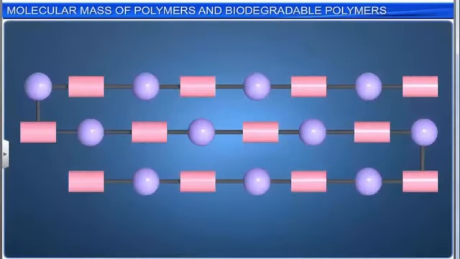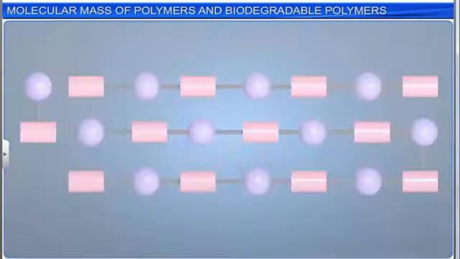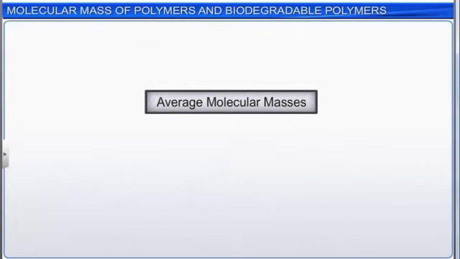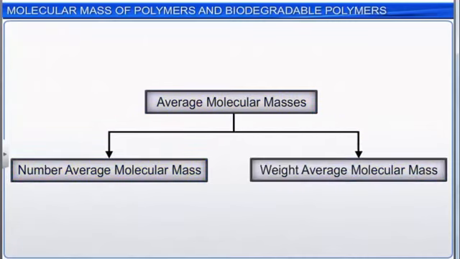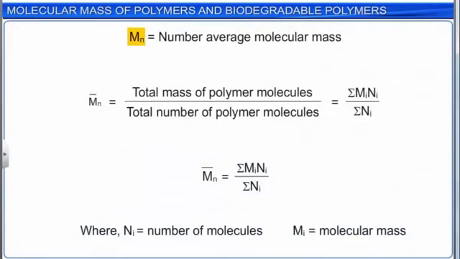So, when we discuss molecular masses of polymers, it's most appropriate to discuss average molecular masses. We can calculate the average molecular mass in two ways: number average molecular mass and weight average molecular mass. Number average molecular mass Mn is essentially an arithmetic mean.